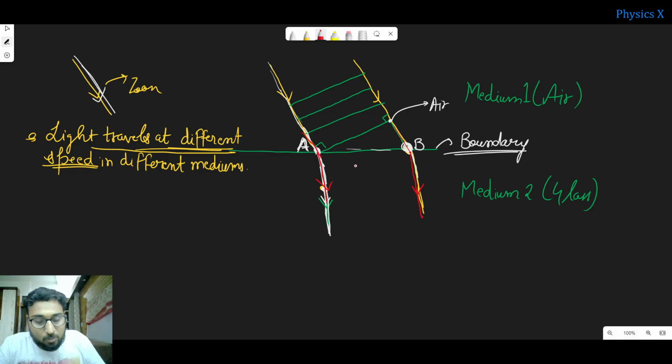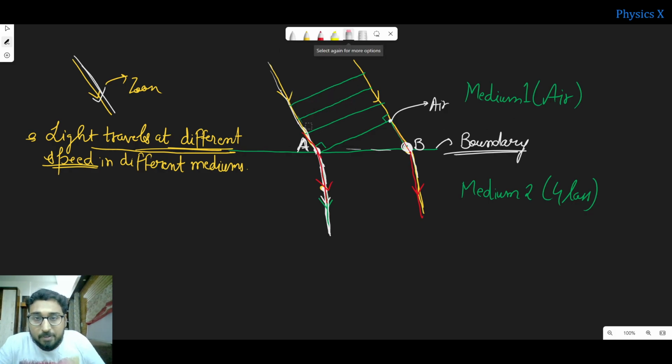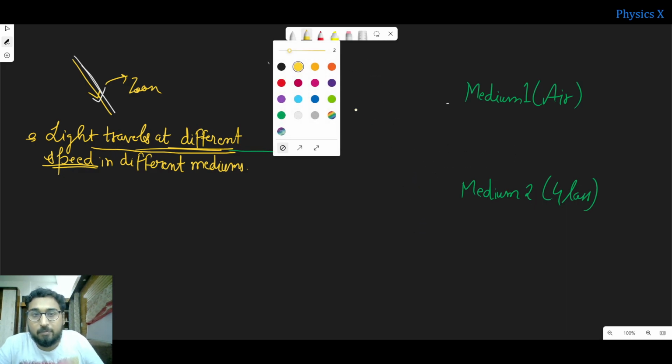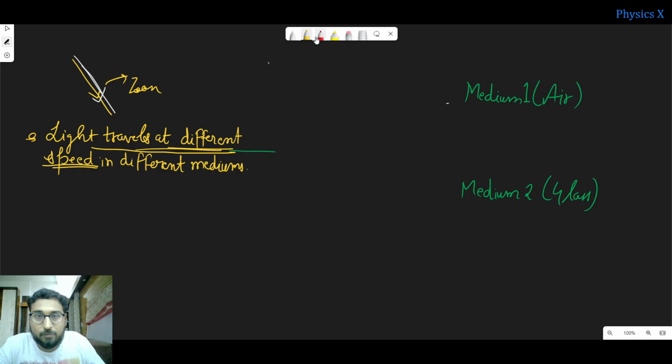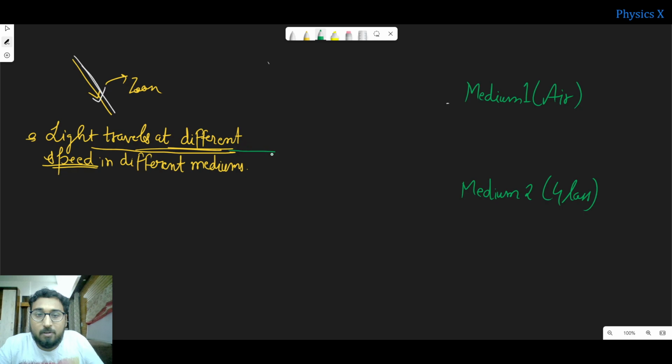To represent this, we only use a single ray. The earlier picture was just for explanation. When we draw ray diagrams for refraction, this is the plane separating both the mediums.